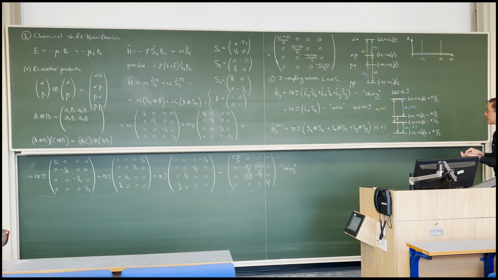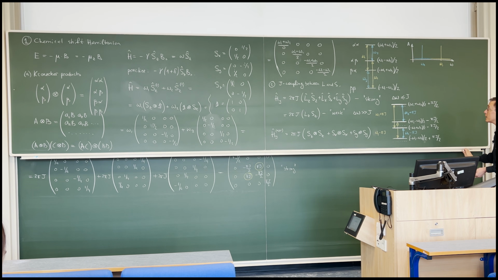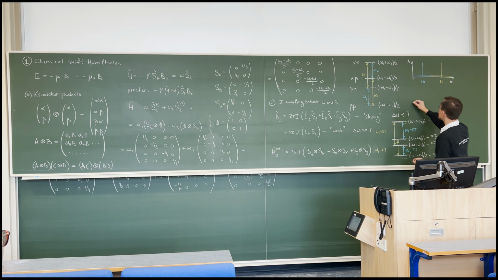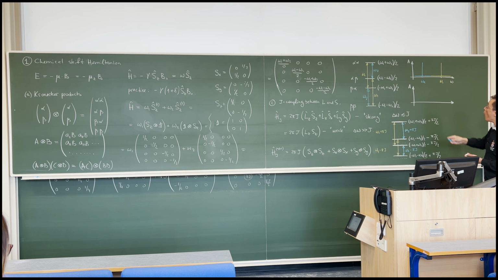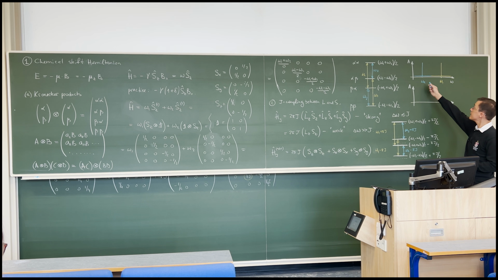And if we update our frequency diagram here, drawing it underneath for comparison, instead of one transition at exactly omega 2, we now have two transitions, one at plus pi j, the other at minus pi j.